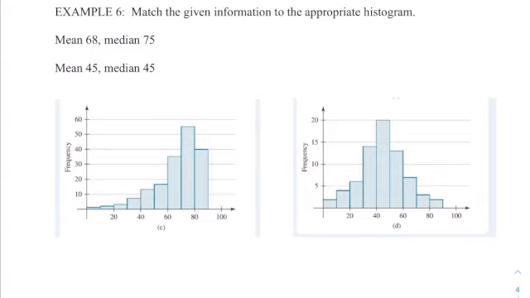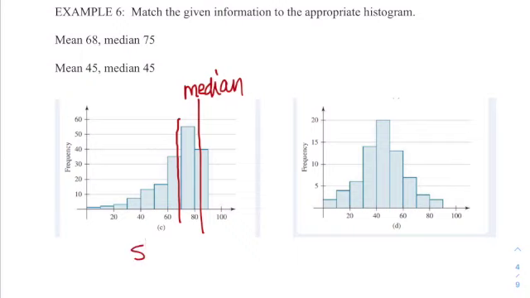Don't forget the mean is the average, which is about 68, which is right here. Then the median is 75, so it's up here. That is your median. Now, the median is going to be higher than the mean, so first of all, it's going to be skewed. So it's got to be this picture.